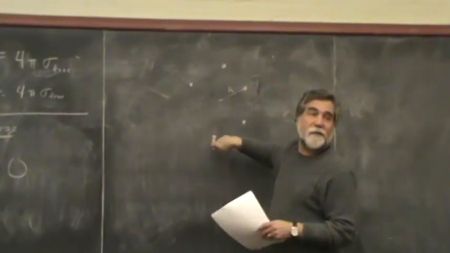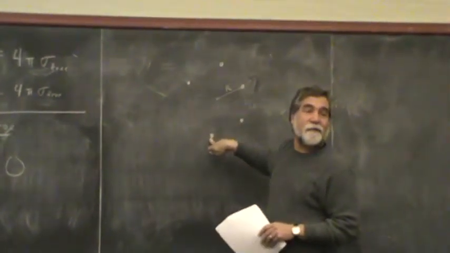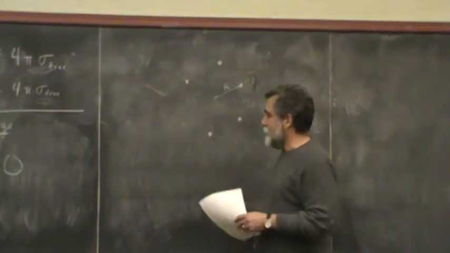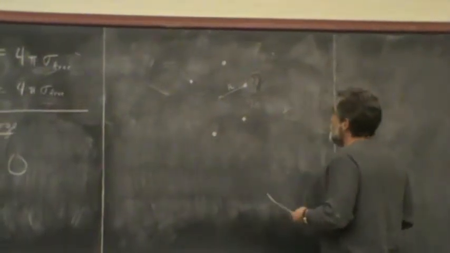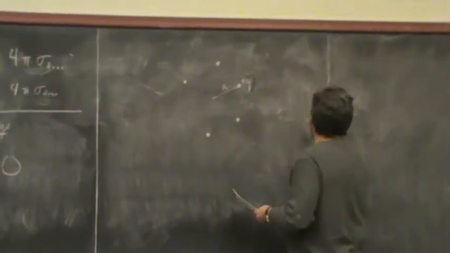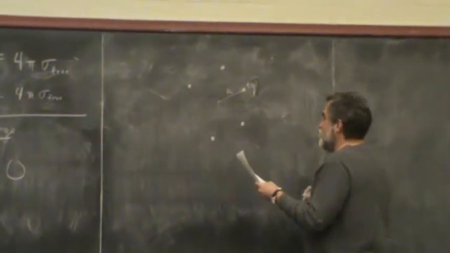I've got 5 charges arranged on the vertices of a hexagon. And there's one that's not there. All right? And let's say they're positive charges with charge plus q, radius r. What's the electric field there?